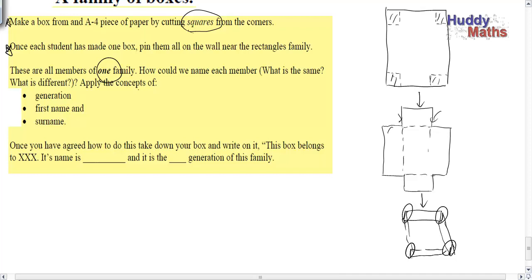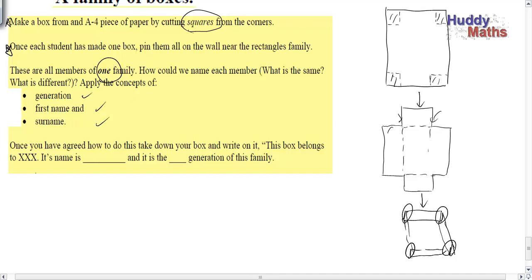How could we name each member? What's the same? What's the difference? The generation, first name and surname. So pause the presentation and do that exercise. It's going to take you a little time. And once you've got them pinned up, have a discussion as to what you think is the best description of this family of boxes.